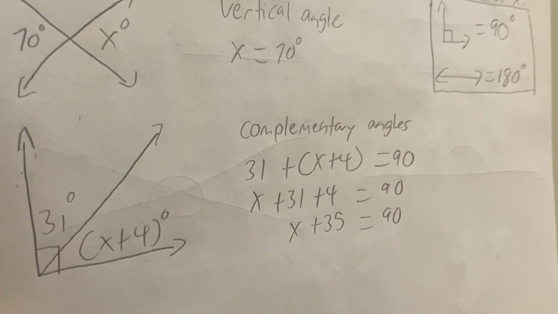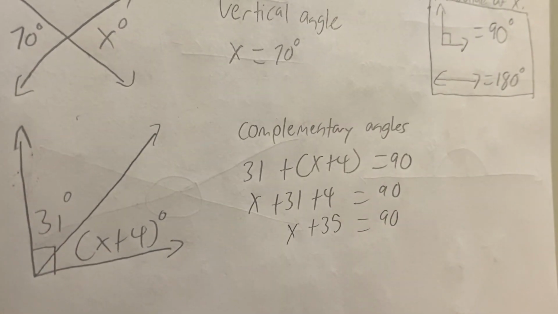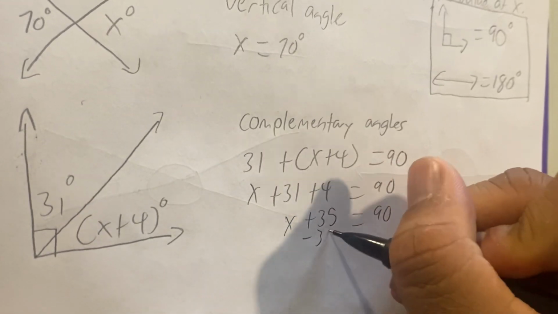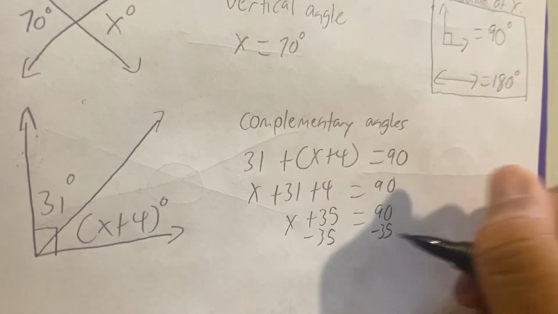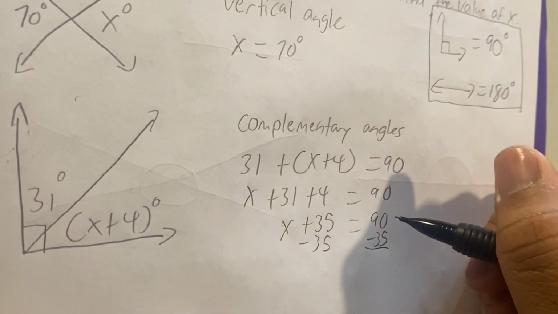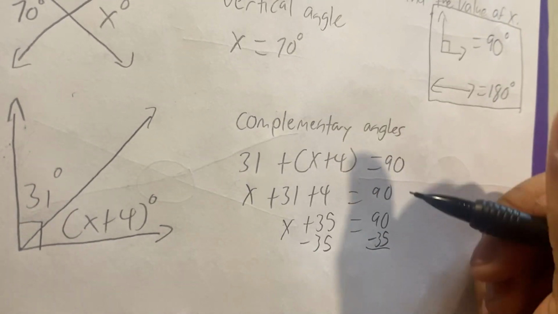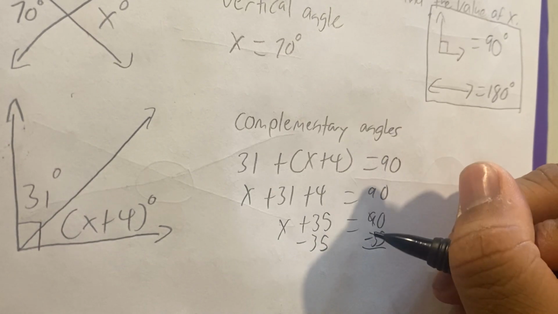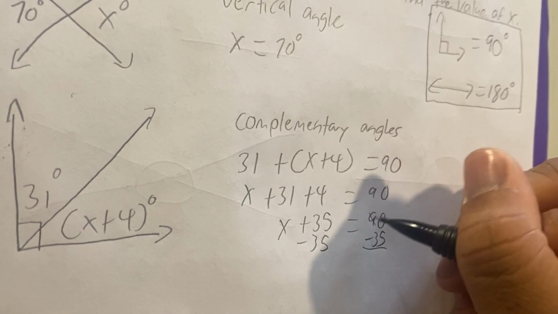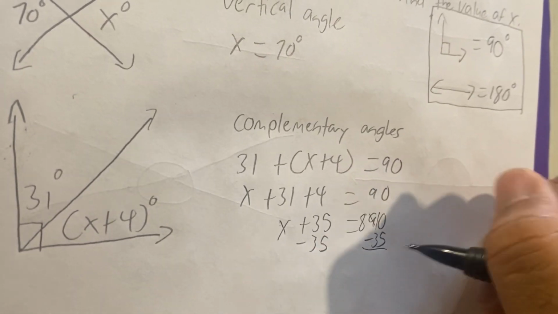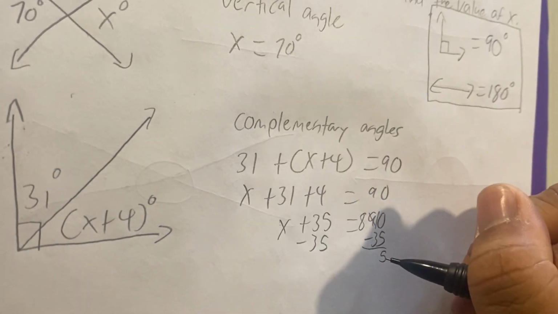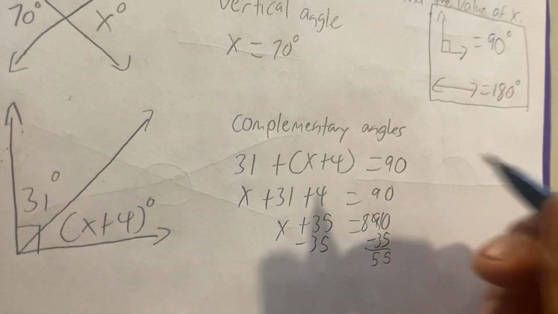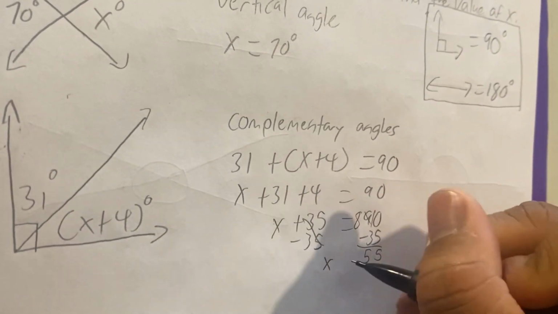So then what do we do now to find out what x equals? We have to subtract 35 on both sides. And let's do that really quickly. 0, obviously we can't do 0 minus 5. So we're going to borrow from this 9 and then turn that into an 8. And then 10 minus 5 equals 5. 8 minus 3 equals 5. And these cancel each other.